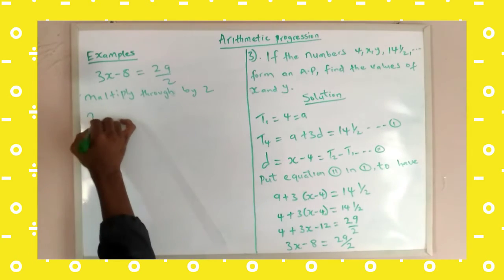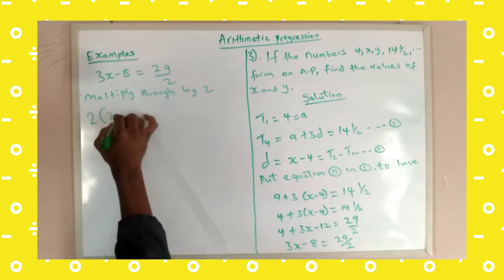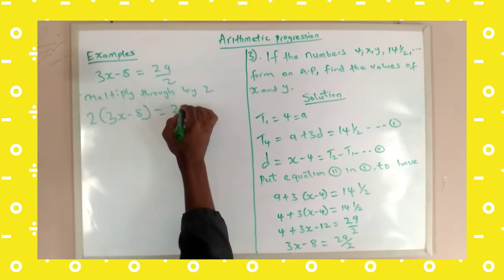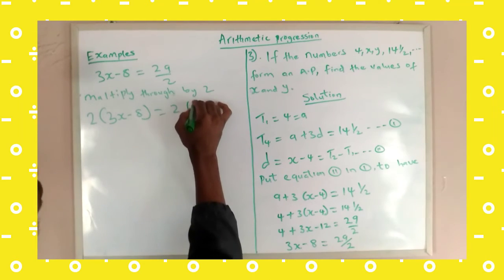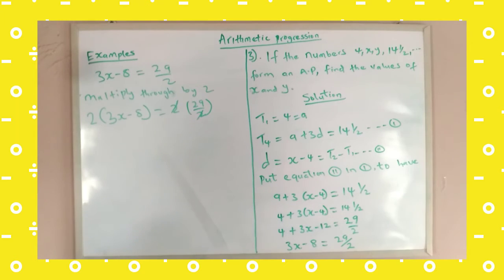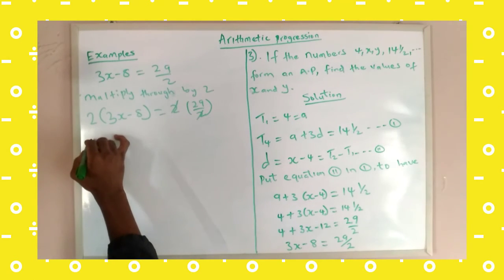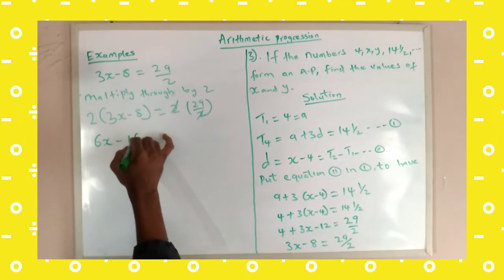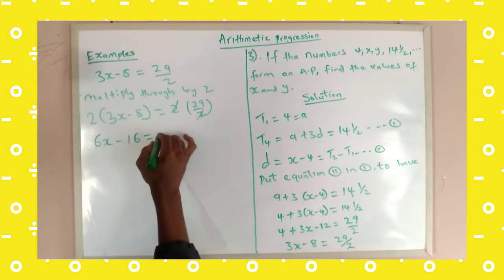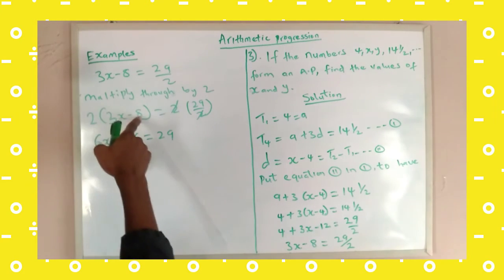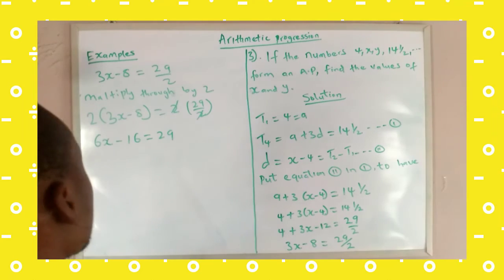So we have 2 multiplied by 3x minus 8 is equal to 2 multiplied by 29/2. The 2 here will cancel these 2. And we have 6x minus 16 is equal to 29. 2 times 3 will give us 6x, and 2 times 8 will give us 16.